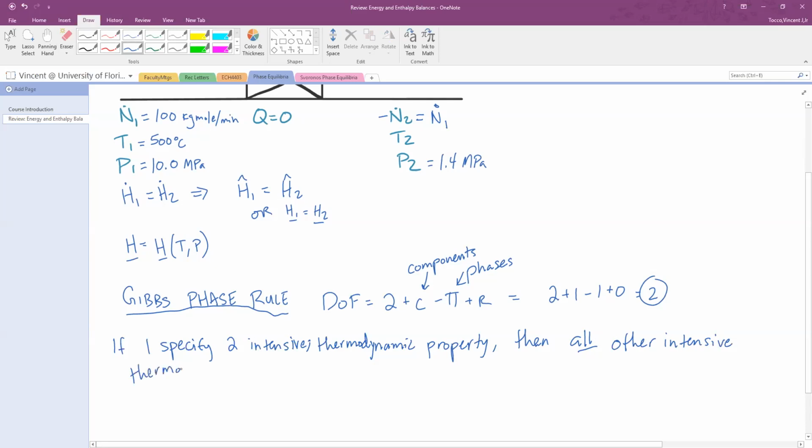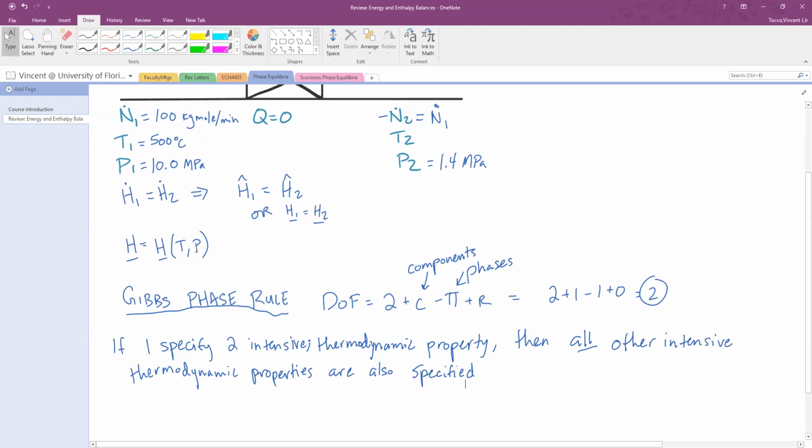So what does this tell me? It tells me that as long as I have 2 things, that's all I need. So therefore, I don't have to write H as a function of T and P. I could write H as a function of V and S if I wanted to.